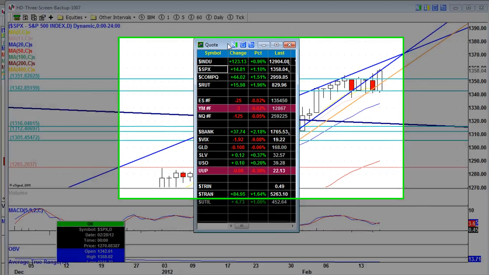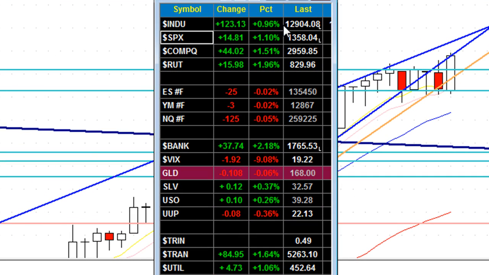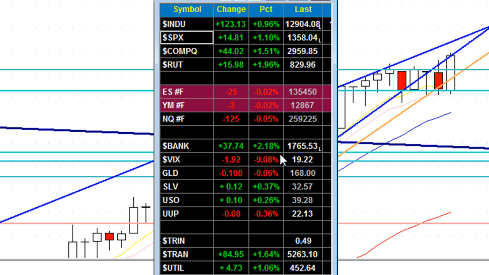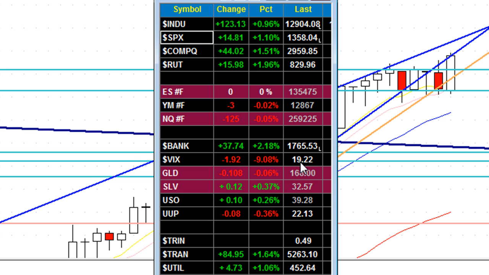Markets blast higher. The Dow is up 123 points, up 0.96%, the S&P up 1.1%, NASDAQ up 1.5%, and almost a 2% run on small caps. Banks are up a whopping 2.2%, sending the VIX, or volatility index, the fear indicator, straight down 9%, back below 20.